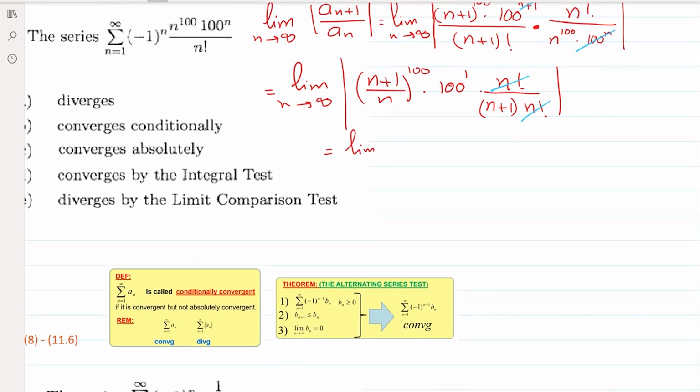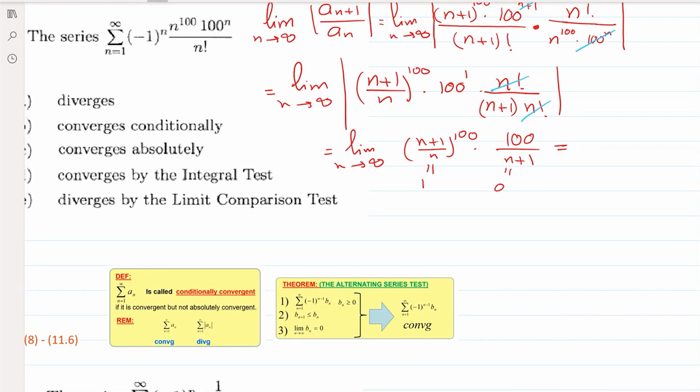Okay, limit as n goes to infinity of what now? You can take the limit inside because it's continuous. Let me just write another step here for you. And here I have just 100 over n plus 1. Now, where does this limit go? Yusuf? 0. This is 1, and 1 to the power 100 will be 1.